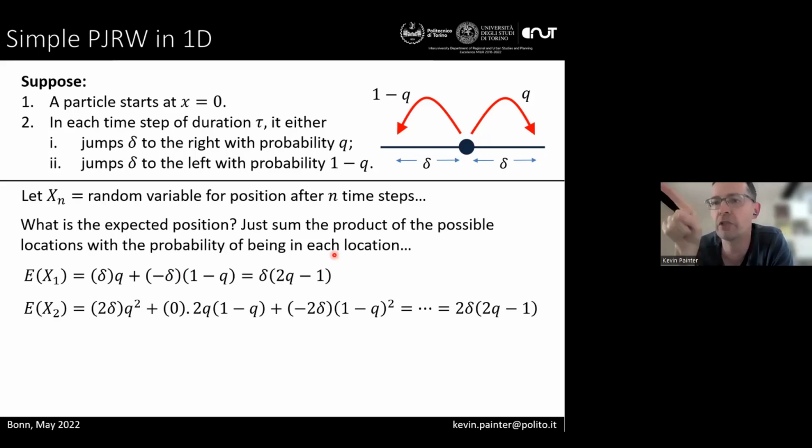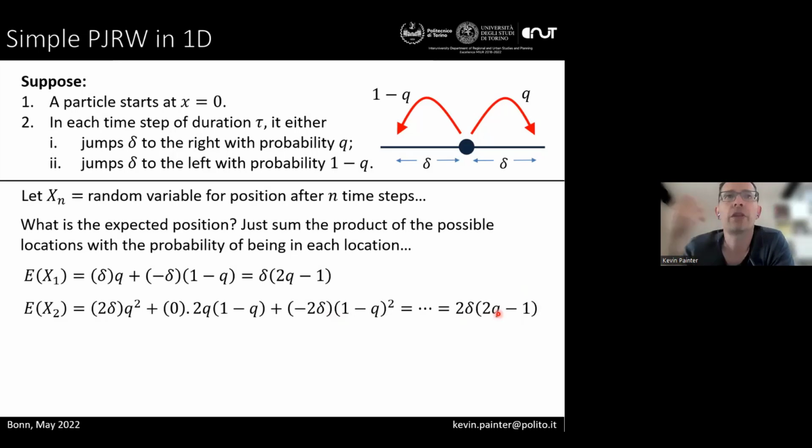But of course, you could have jumped right, then left, or left, then right, in which case you're going to be back at the origin. So the expected position after 2 time steps, you do a similar sort of calculation, it gets a little bit longer, but it simplifies down, and you get simply 2 delta times 2q minus 1. So again, it's a very, very straightforward calculation.